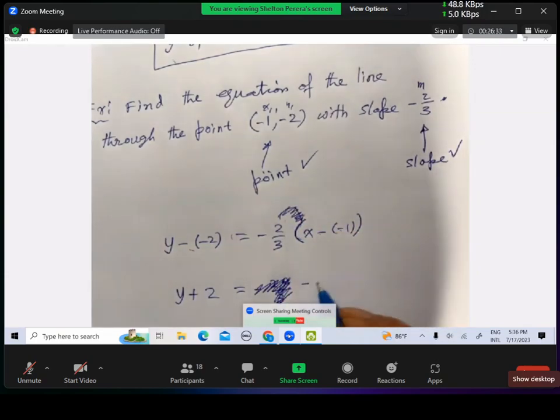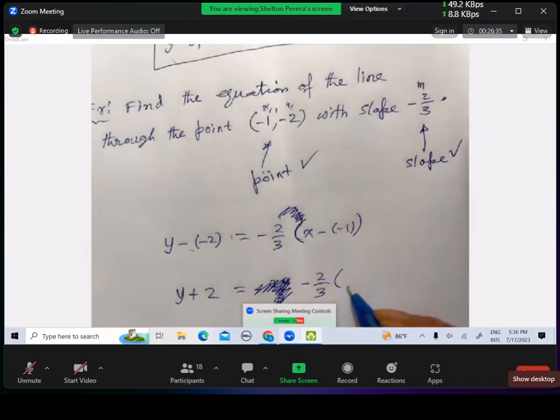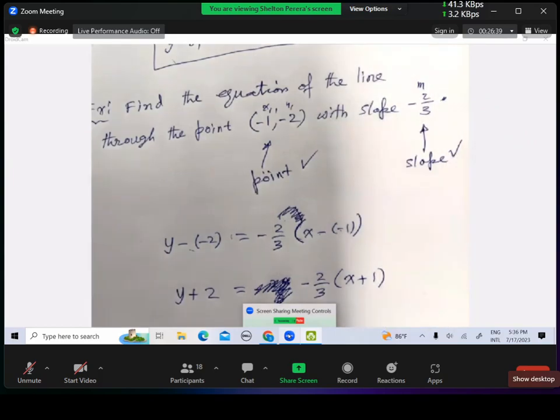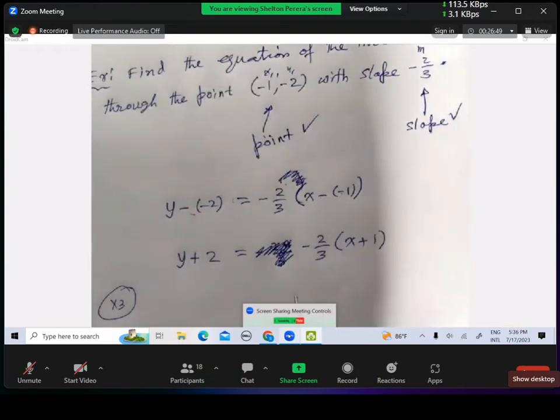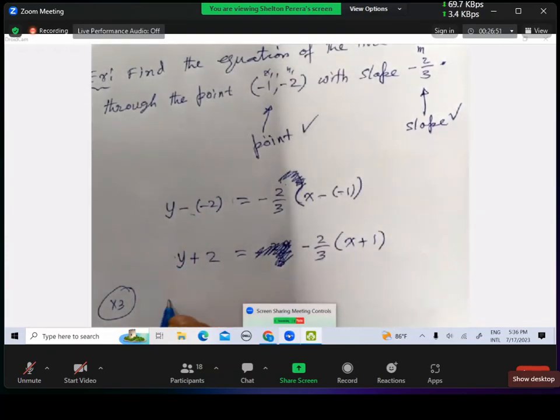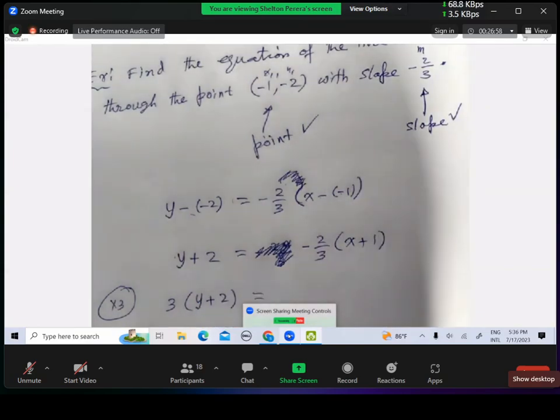First of all, -2/3 times (x minus -1) is (x plus 1). Otherwise, you might make mistakes. That's why I did it that way. Now multiply the whole equation by 3. So I have to multiply this whole thing, so you have to introduce a bracket. 3 times (y plus 2) equals -2 times (x plus 1).